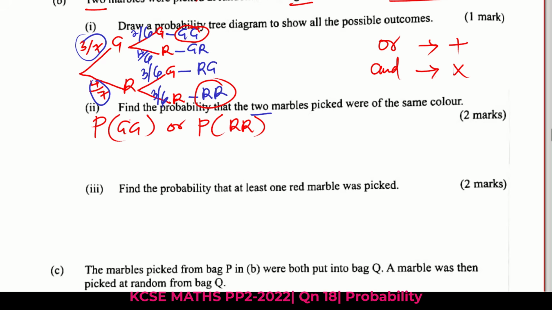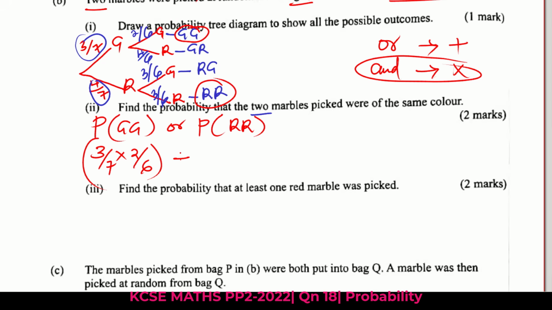Probability of picking green and green, you take 3 over 7 multiplied by 2 over 6. That is what we mean by and, we multiply. Then or, we add the probability of picking red and red. Look at this branch, 4 over 7 multiplied by 3 over 6.